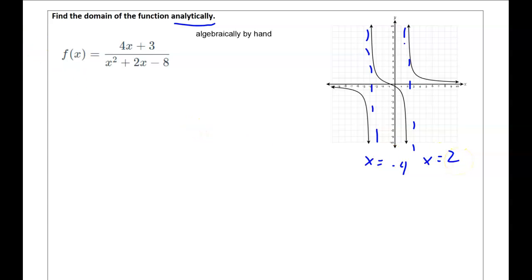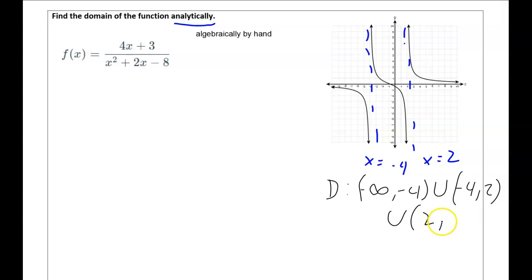So if I wanted to write down this domain based on the graph, I'd say -infinity to -4, and -4 to 2, and 2 to infinity. So this has three pieces based on the graph, so I need three intervals to write it down. Here's my first piece, here's my second piece.